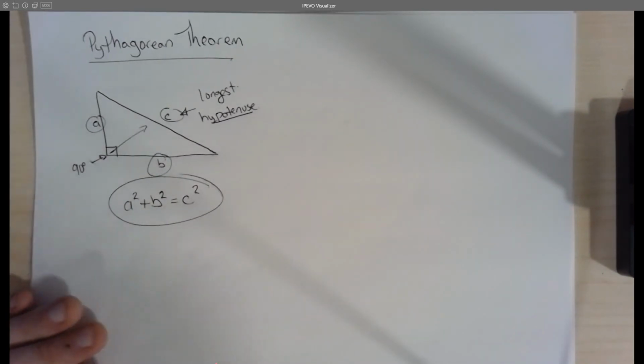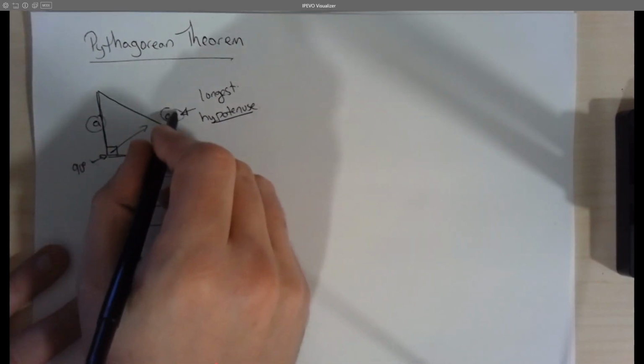This is the Pythagorean theorem, that main bit of information that will help us solve for missing side lengths. So no matter what, if I know this length and this length, I can figure out this length.